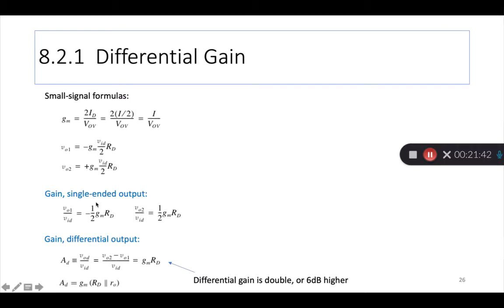Now, gain, which is the output by input, has two definitions. One gain is single-ended output, another gain is differential output. Single-ended output is VO1 by VID or also VO2 by VID, and notice that one of them is negative and one of them is positive. The magnitude is the same. Assuming GM and RD are perfectly identical, the single-ended gain is half GMRD.